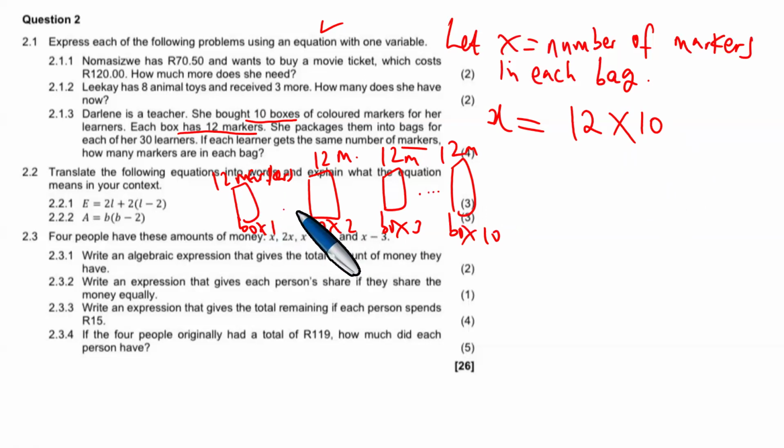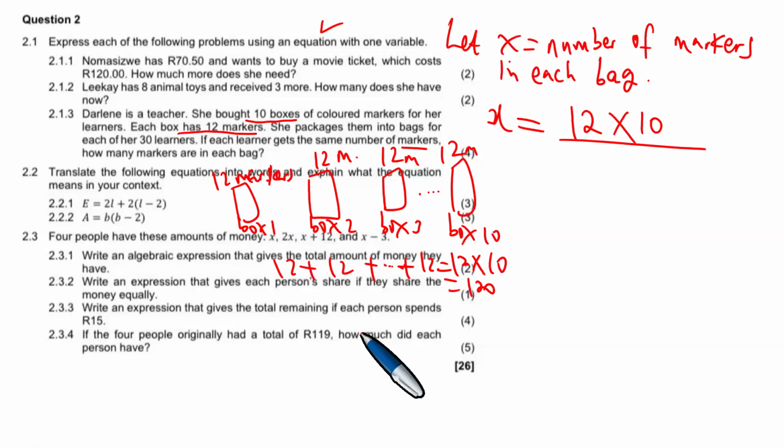You could add them all: 12 plus 12 and so on, which is the same as 12 by 10. What is 12 by 10? It's 120, a multiple of 10.